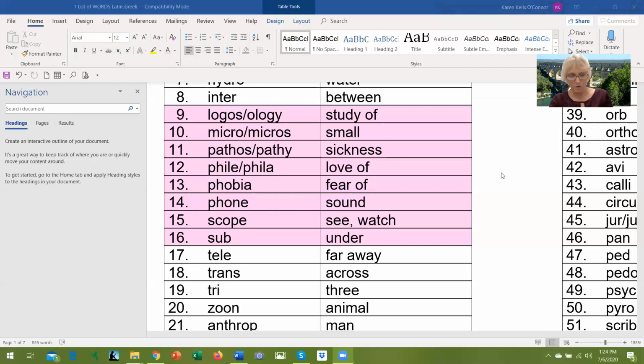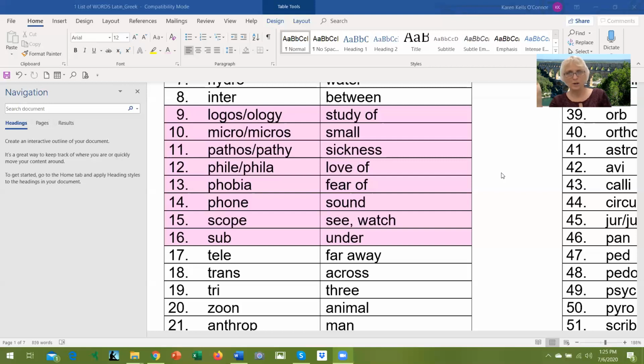Next, we have phile or phila, which means love of. So if someone is a philanthropist, you probably heard that word. A philanthropist is someone who helps other people. So anthrop, which I mentioned before, which is the end part of philanthropist, is man or mankind. And so philanthropist is someone who loves people, helps people. A bibliophile.